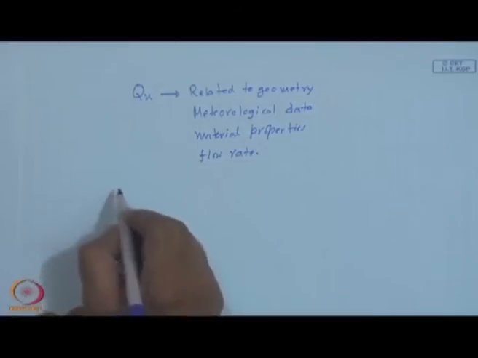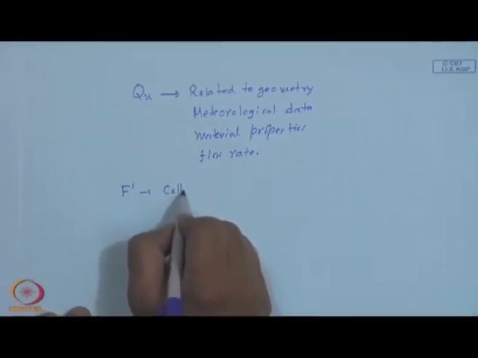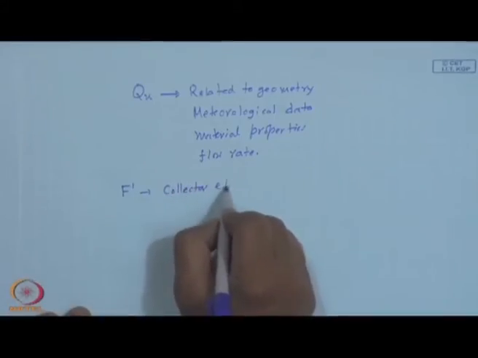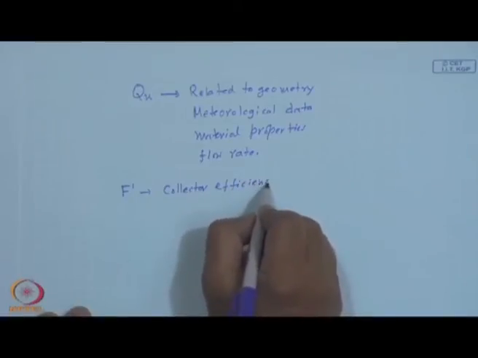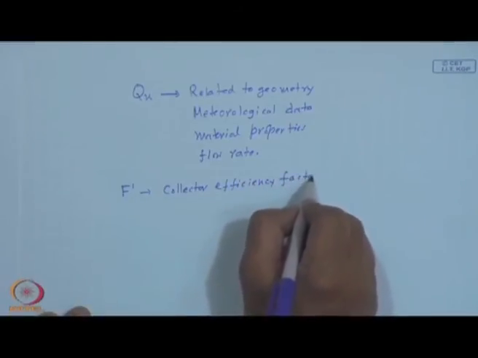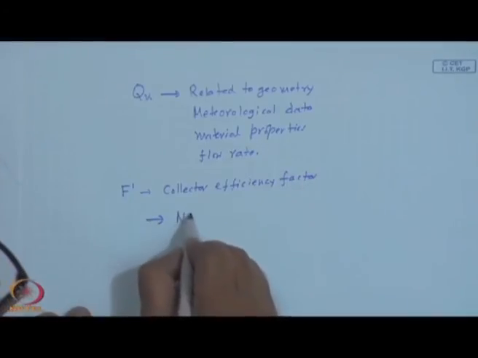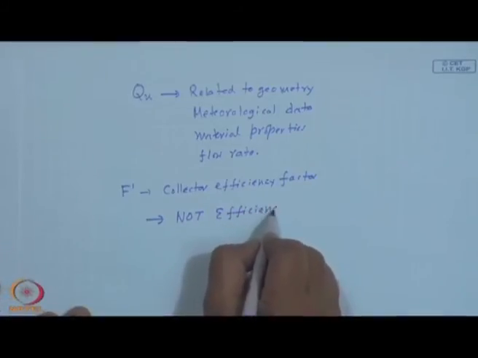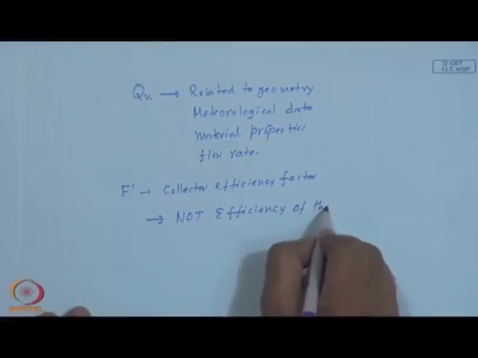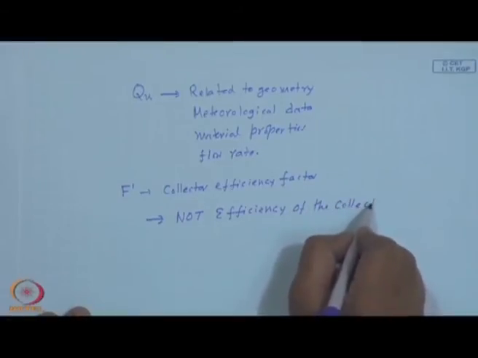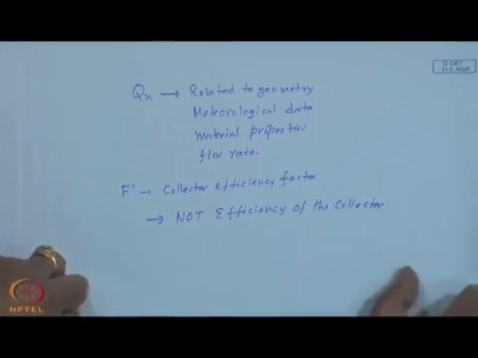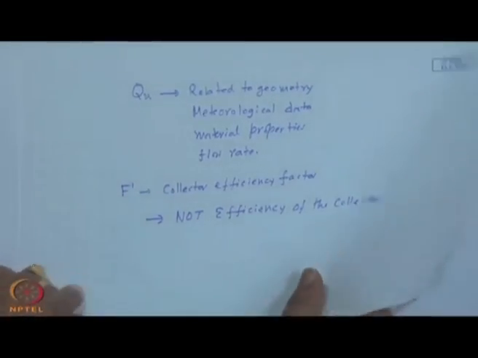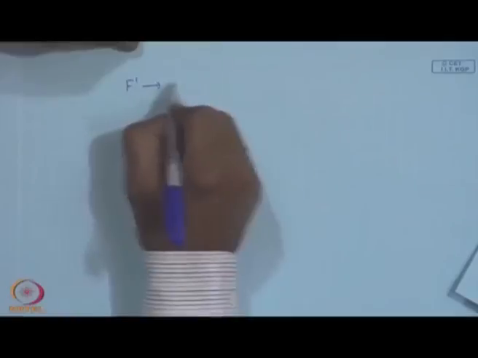Now, there is F dashed, the collector efficiency factor, but this is not the efficiency of the collector. In principle, one can make F dashed go to 1.